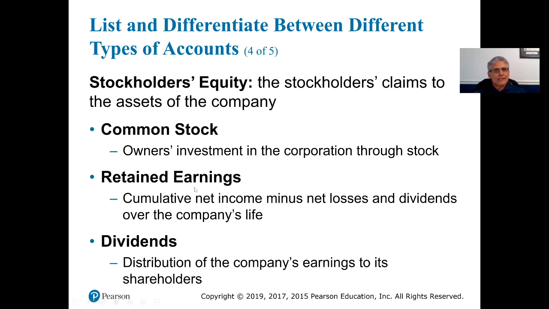Retained earnings is really sales minus your expenses and the corresponding net income or loss. But it's accumulated over time. Now, it's what you retain. So if you pay it out in dividends, it goes away. It leaves the corporation. It leaves the company.